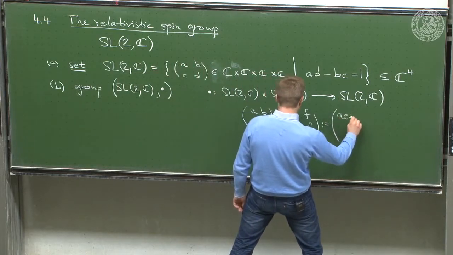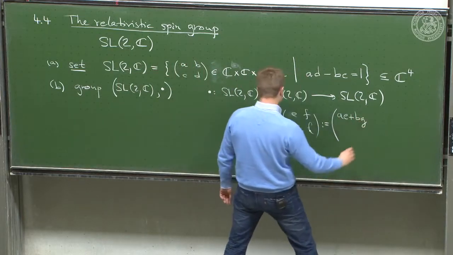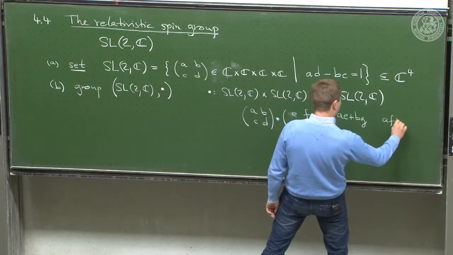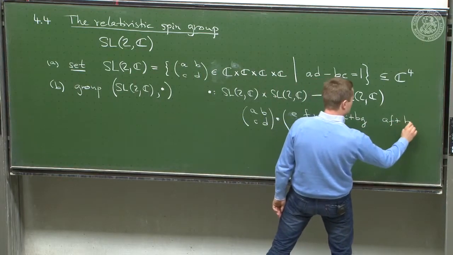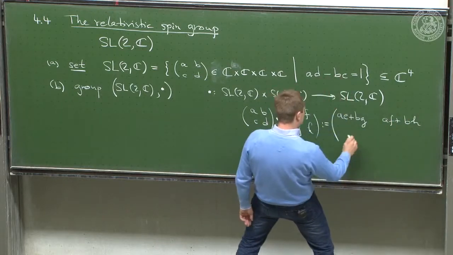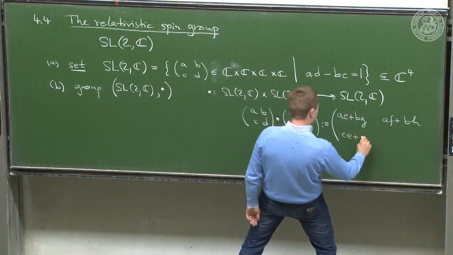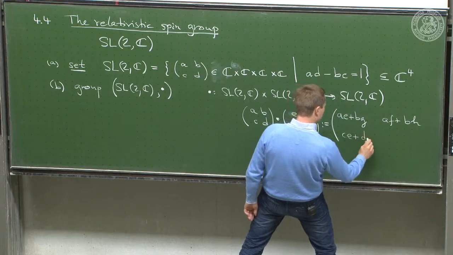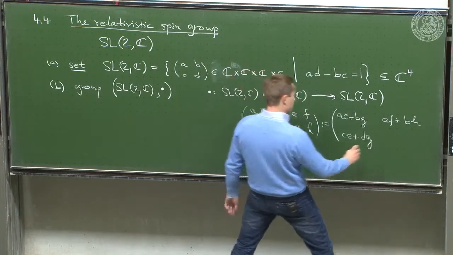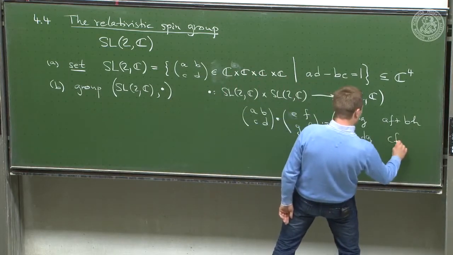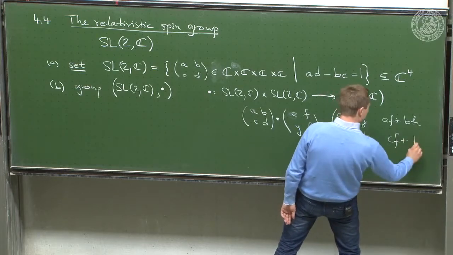It's AE plus BG, AF plus BH, CE plus DG, and CF plus DH.